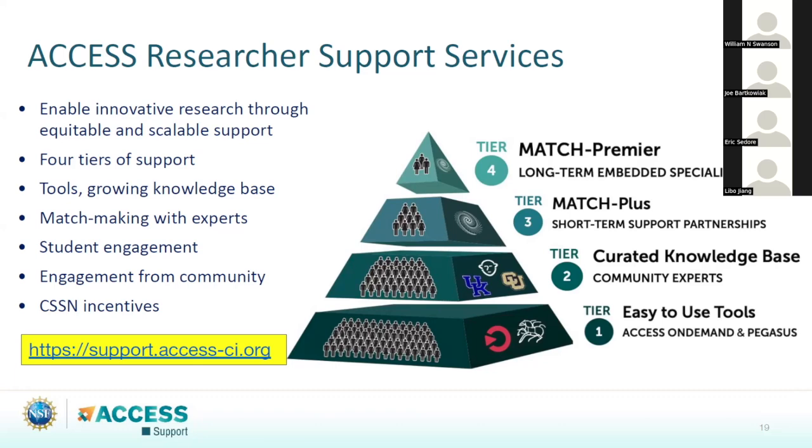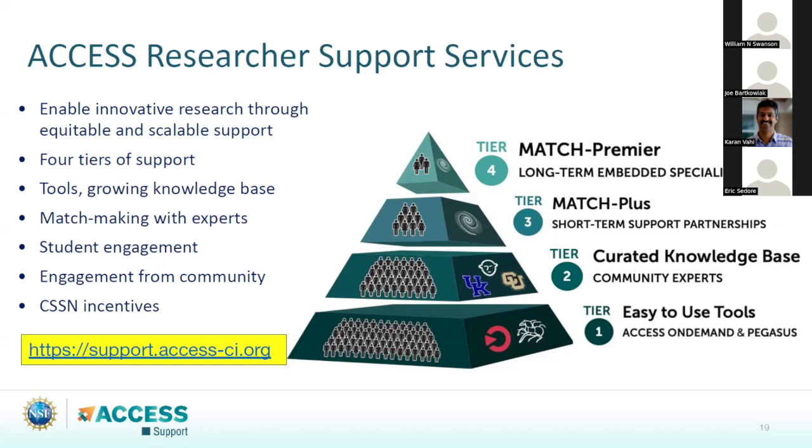There was a track for access allocations, one for operations, one for metrics, and one for support. And so when we proposed what we wanted to do for access support, we had to come up with some innovative ideas on how to change support and improve the user experience. And this pyramid here is what was in our proposal.